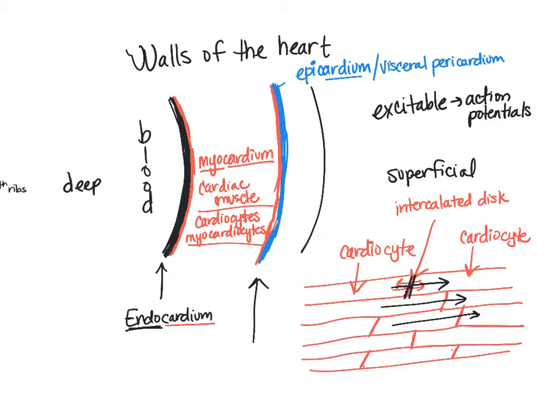So then we have this nice smooth outer layer here. So the epicardium is also smooth, similar to the endocardium, so that we have the ability for the heart muscle to be moving and sliding rather than causing friction with what's around it. Another way that we make sure that we don't have friction and destroying all of the tissue is, remember, we have this space here. Anybody remember what this space was called?